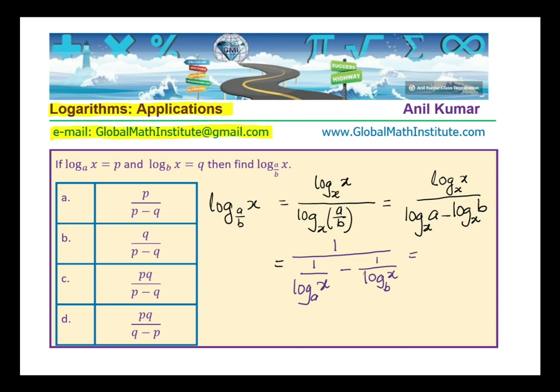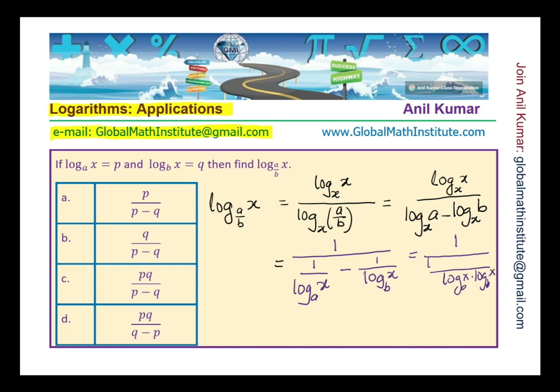And now you can further take common denominators, correct? To get 1 over, take common denominator means this, right? Log of ax, log of bx, correct? And here we get log of bx minus log of ax, correct?